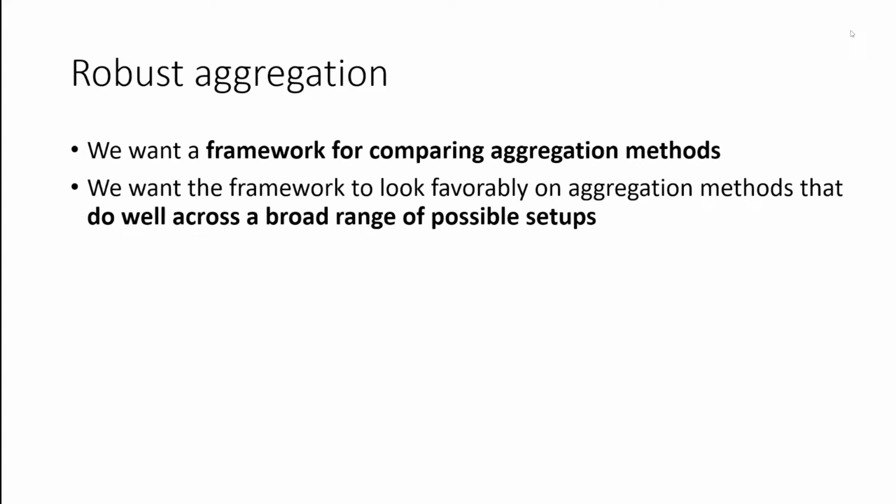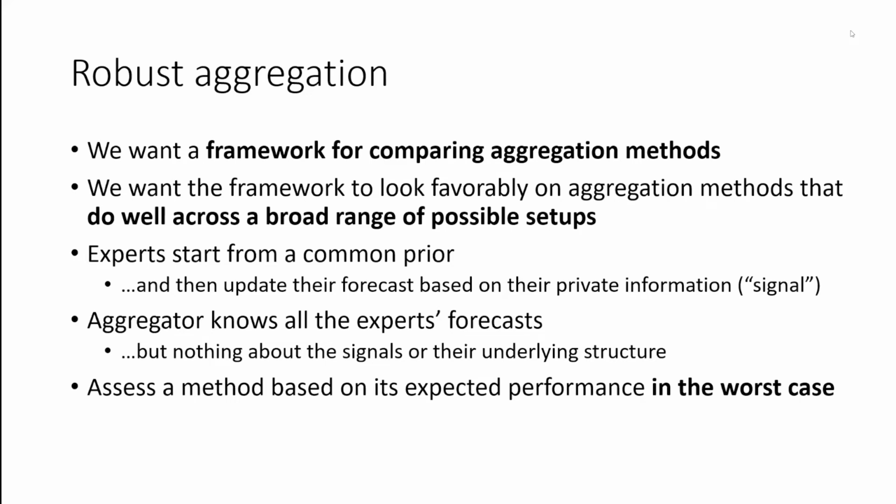Now, in order to answer the question, which aggregation method should we use, we need a framework for comparing aggregation methods. And in particular, we want our framework to look favorably on aggregation methods that do well in general across a broad range of possible setups. We will assume that our experts are Bayesian and are starting with a common prior.